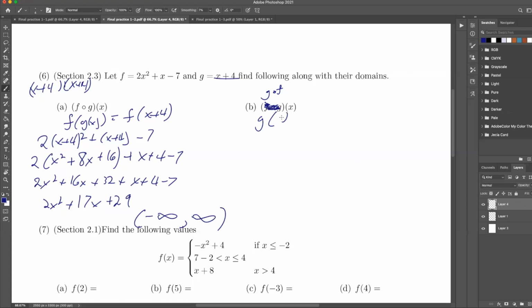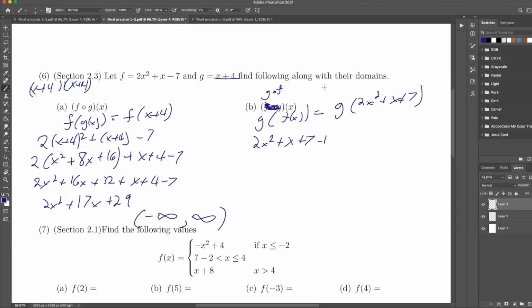again. So f of x, this is equal to 2x squared plus x plus 7. So we just plug in where we're seeing x. We only have one x here, so it'll be 2x squared plus x plus 7.